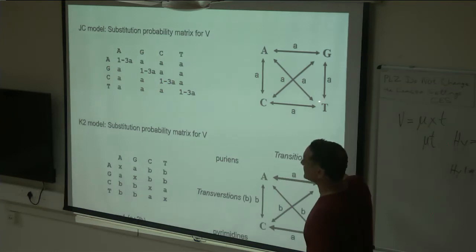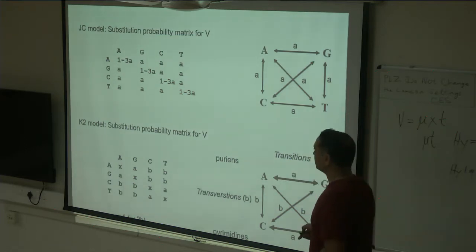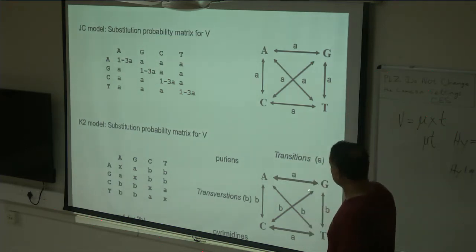Jukes-Cantor model, all these changes are equally likely, and the diagonal here is the probability of no change. Right? Kimura 2-parameter model, alpha and beta. Transitions and transversions have different rates, so our matrix would change accordingly.